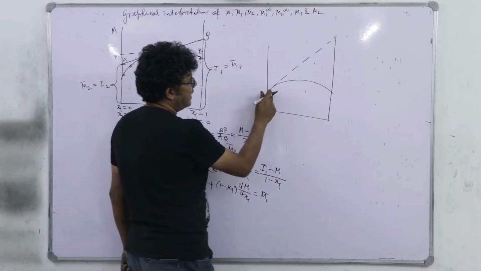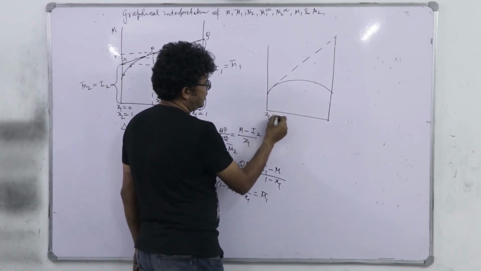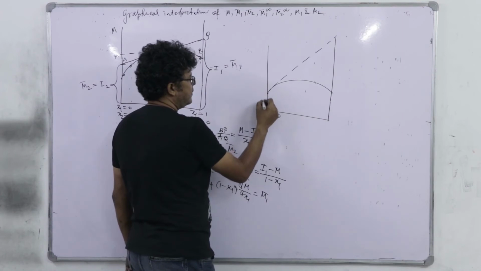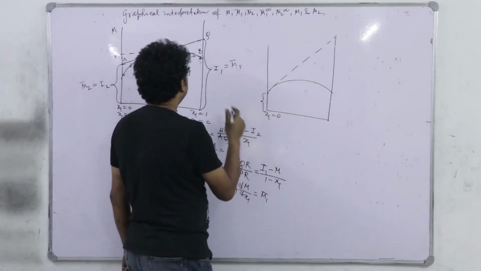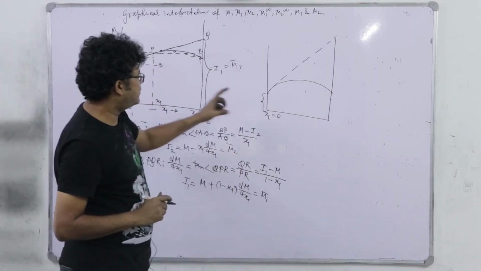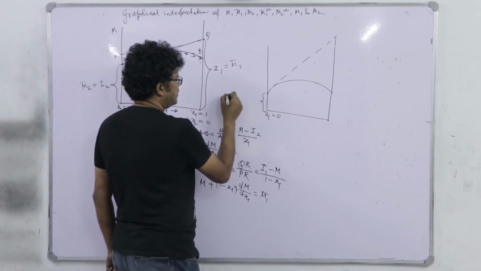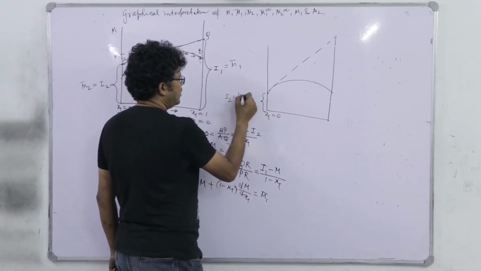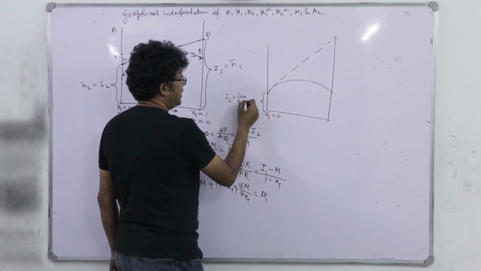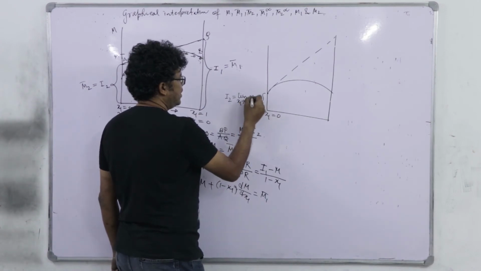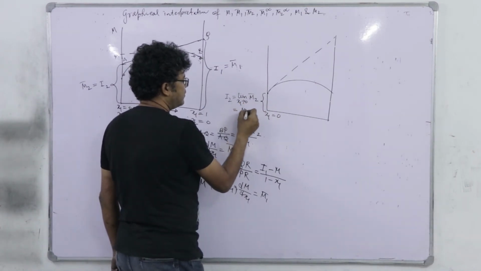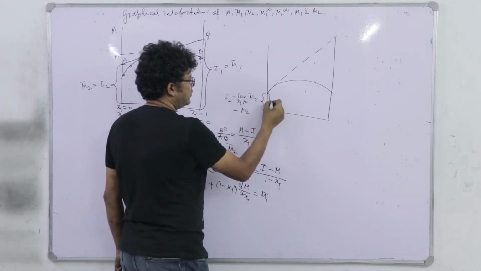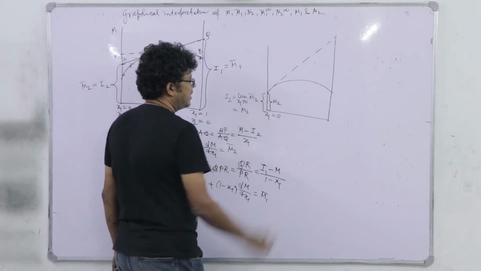So, we are drawing the tangent to the graph here, x1 is equal to 0. So, this I2 must be what? This I2 is limit x1 tending to 0, M2 bar, and that is what? M2. So, this much is pure species property M2.